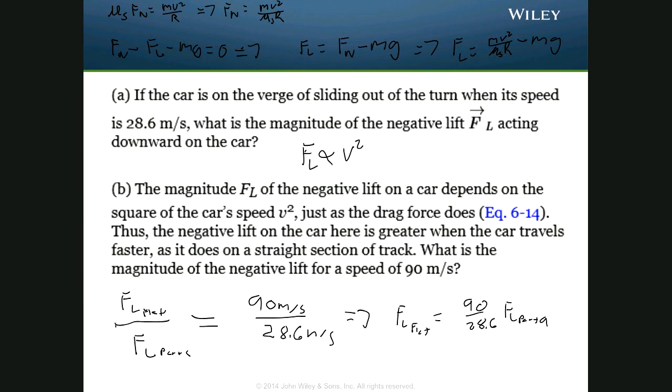The first thing I noticed is that this should all be squared. Or no, that is incorrect. If FL is proportional to V squared, we're canceling that dependence.